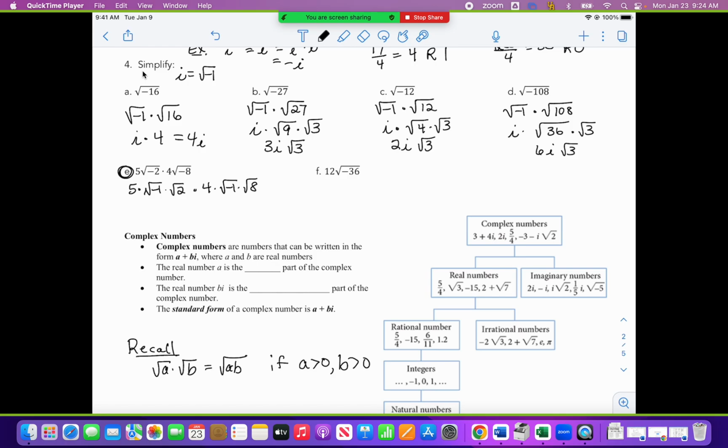So you may not have really paid attention to that teeny tiny part, because I would get 2 different answers depending on which way I do it. And math is about rules that work all the time. So this is going to be 5i square root 2 times 4i, now can you handle if I change square root 8 to 2 square root 2? That's 4 times 2, so 4 times 5 is 20, times 2 would be 40. i times i is i squared.